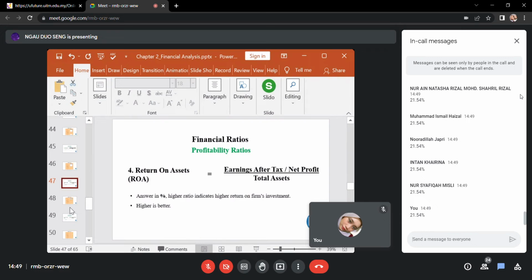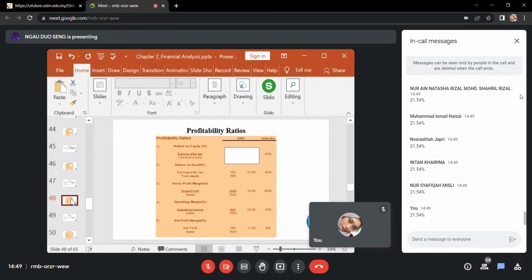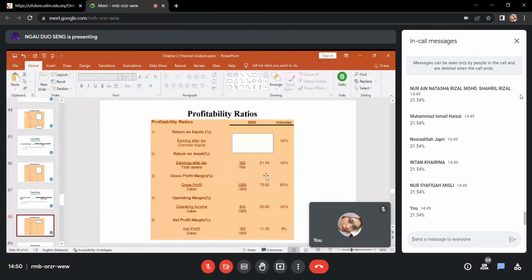All right, so we check. Here we have 21.54%. Right, this one the industry is better. Industry is 45%. So the company managers may need to look again at the total assets, how they should increase the ROA.